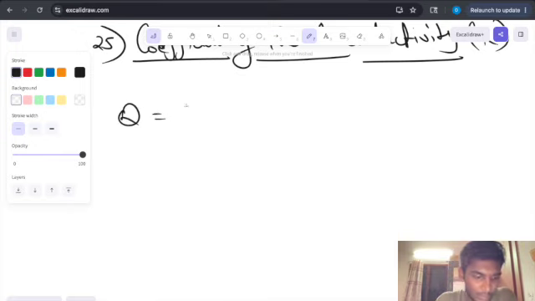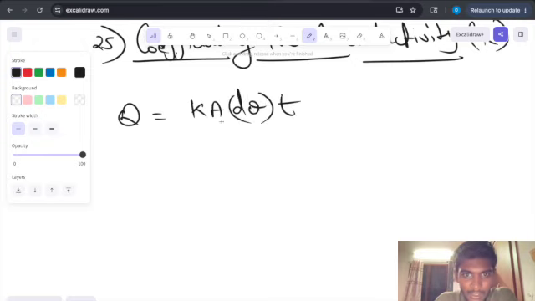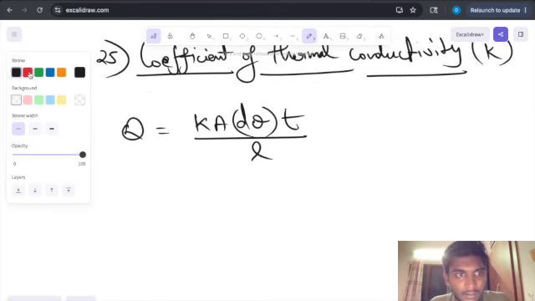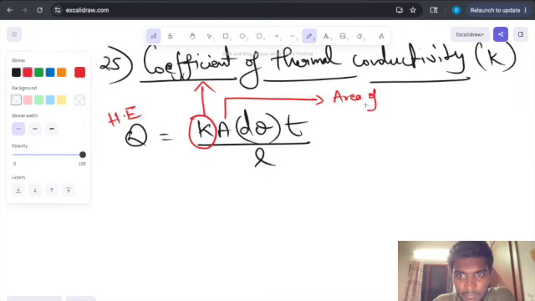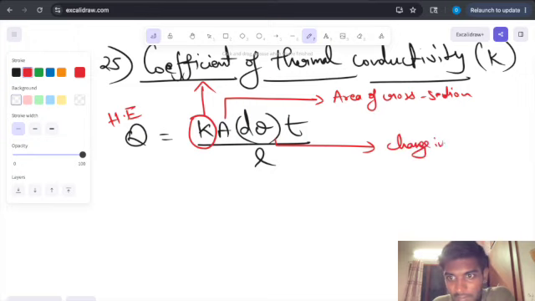Heat energy equals KA dθ T by L. Okay. So you know Q is heat energy. K is the coefficient of thermal conductivity. A is area of cross section. dθ is change in temperature. This is time. This is length.